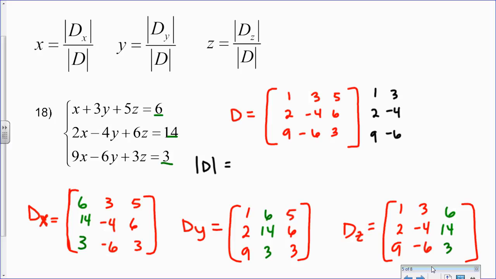So I'm starting in the top left. That's 1 times -4 times 3, plus 3 times 6 times 9, plus this diagonal, 5 times 2 times -6.